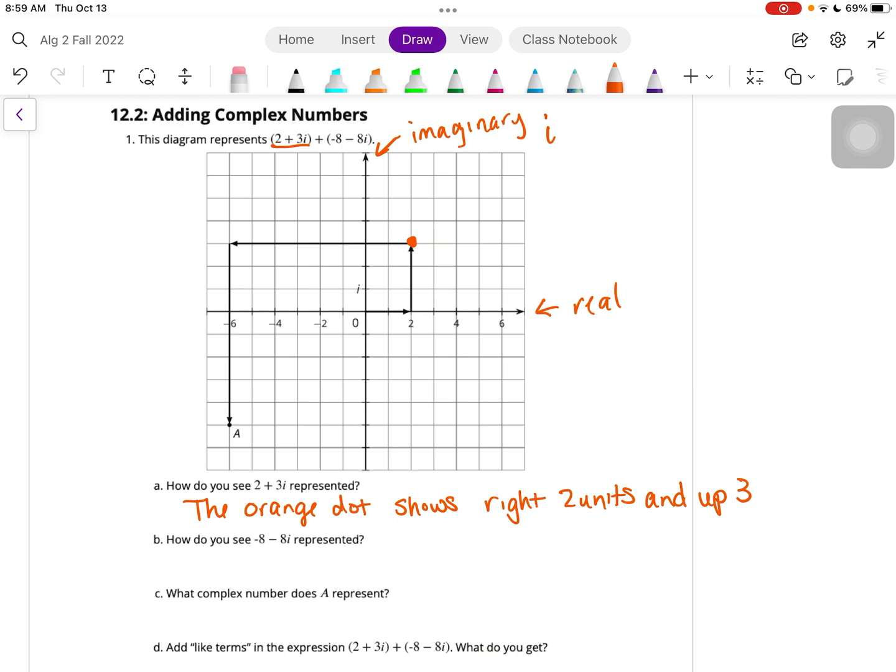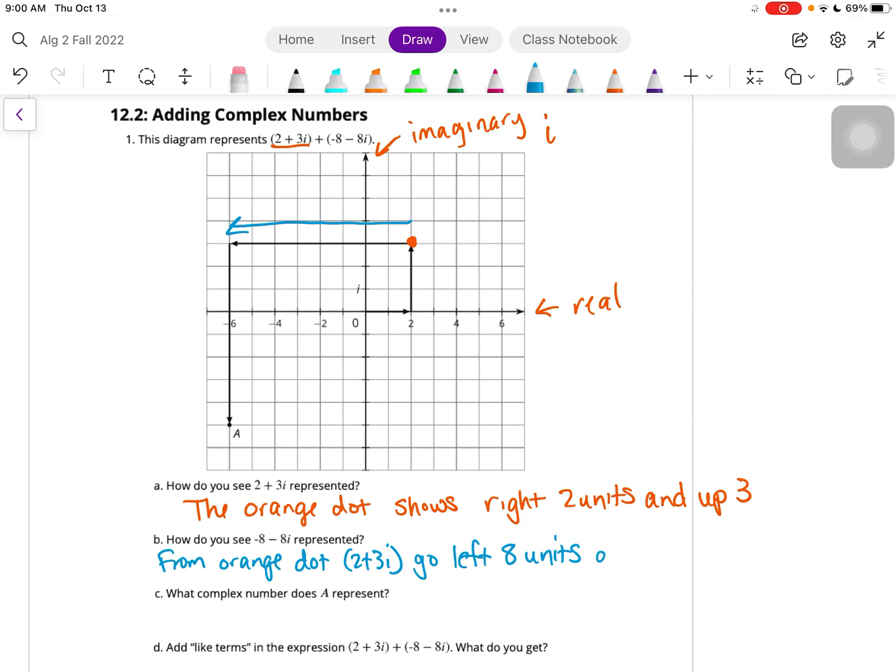All right, so how do we see negative 8 minus 8i represented? So our negative 8 is going to the left. So from the orange dot, or 2 plus 3i, we go left 8 units, because that's our real number line, so we're going horizontally.